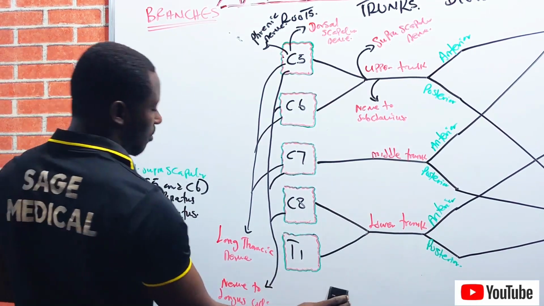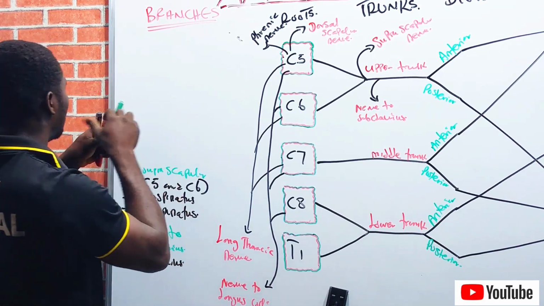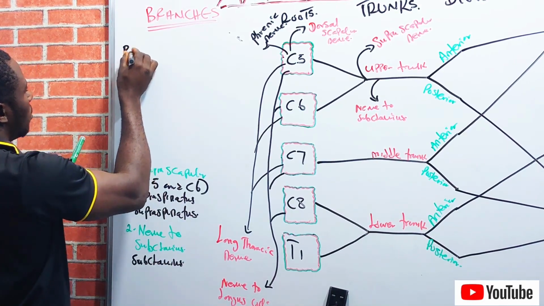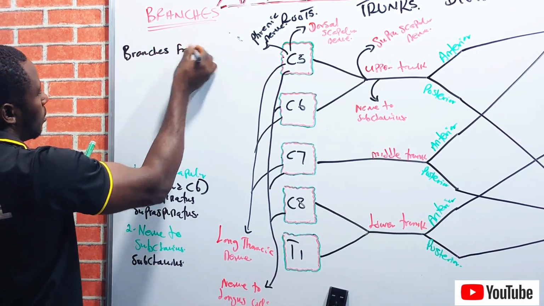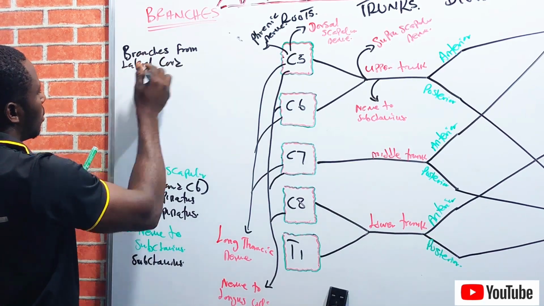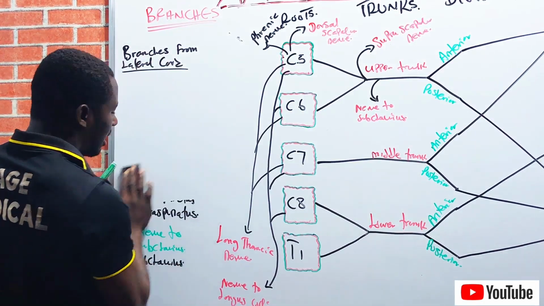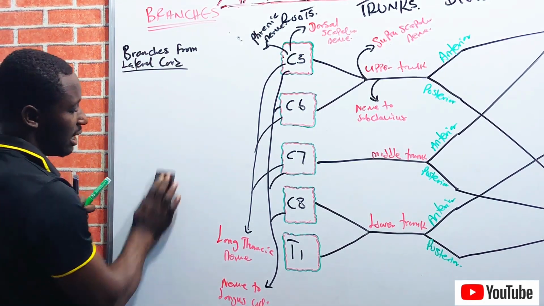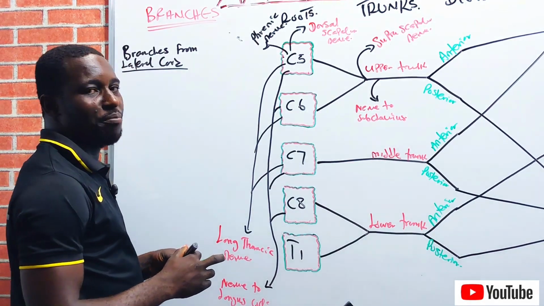The branches from the lateral cord. There are three branches that arise from the lateral cord of the brachial plexus.